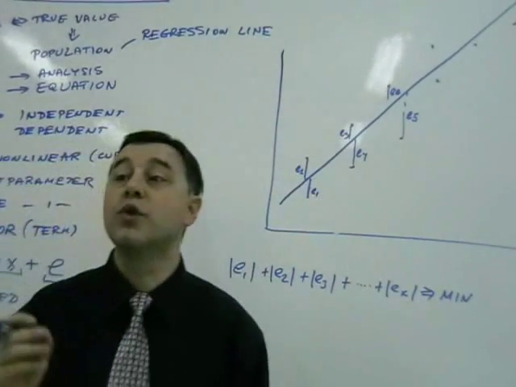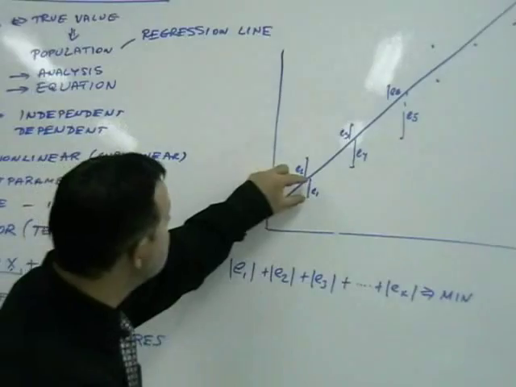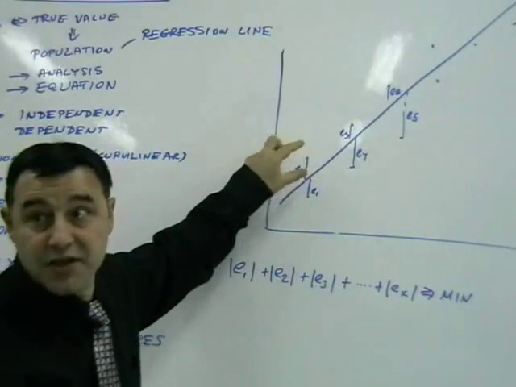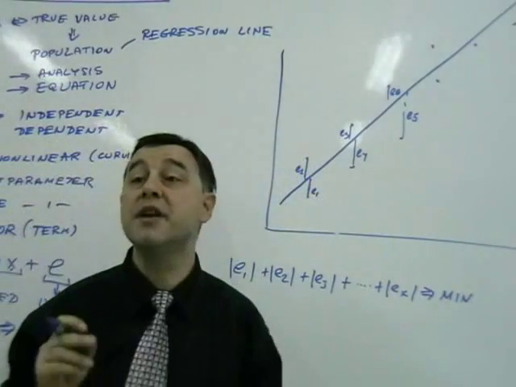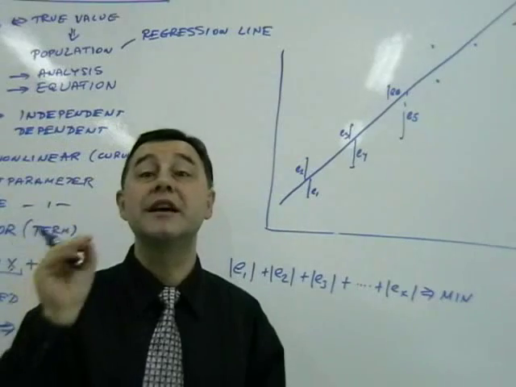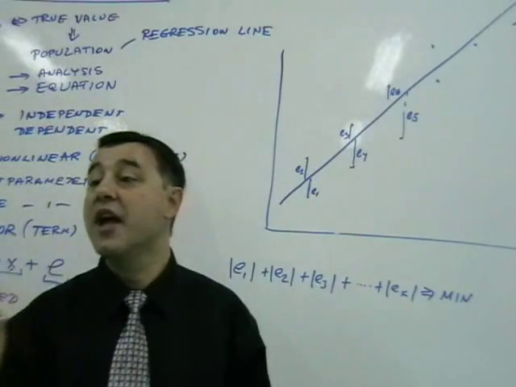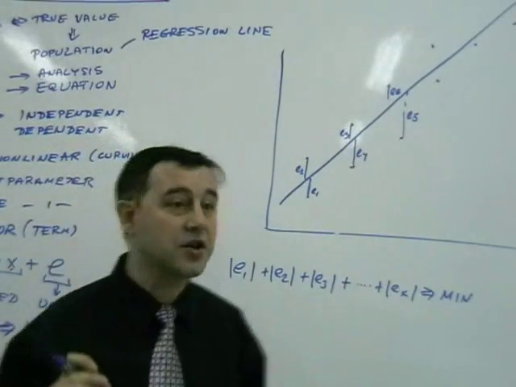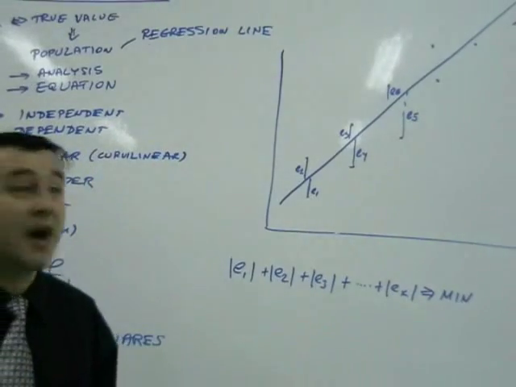In other words, what we will try to do is to minimize the distances of the errors. In other words, we'll minimize the total. We call it the sum of errors. The sum of errors is what we try to minimize.